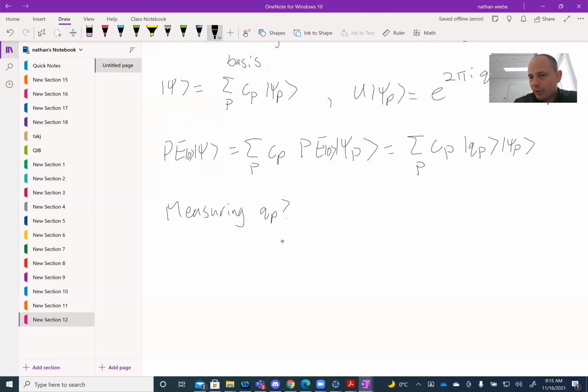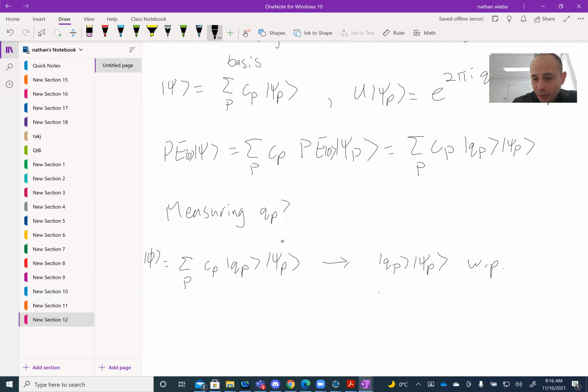If we measure q sub p, then basically what we end up doing is projecting our state, the sum over p of c sub p, q sub p, psi p, to q sub p, psi p, with some probability. Well, let's write this out. The formal way that we would write that is as the expectation value of a projector onto this particular value.